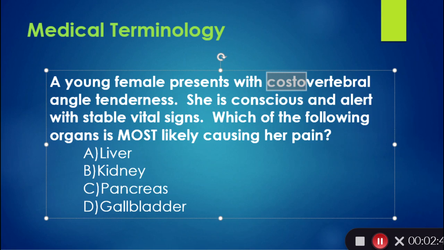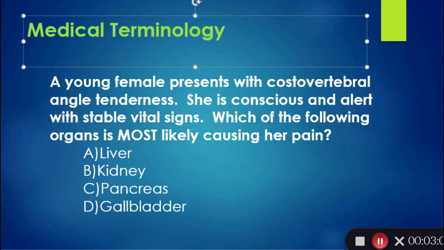We talk about intercostal muscle use, the muscles in between the ribs. And so costo, or cost, very likely is the ribs. So I've got a word here that's talking about ribs and spine: costal vertebral angle tenderness.